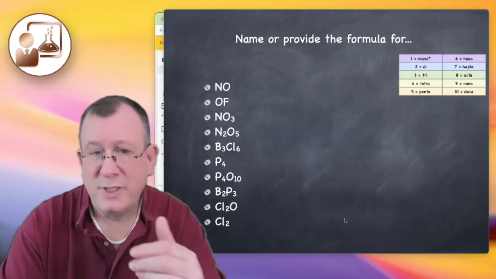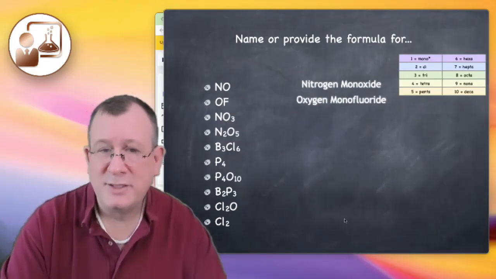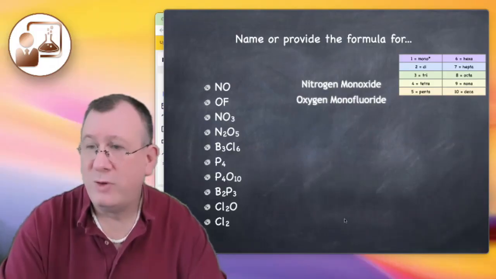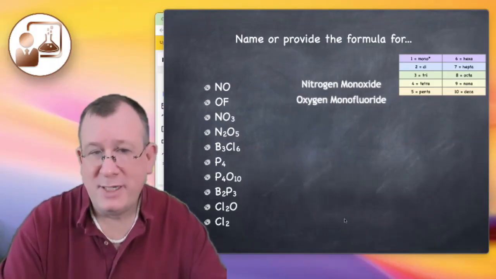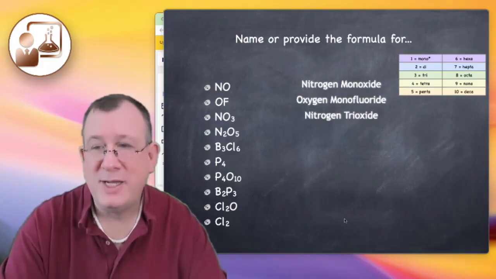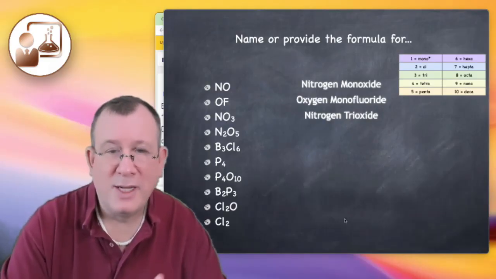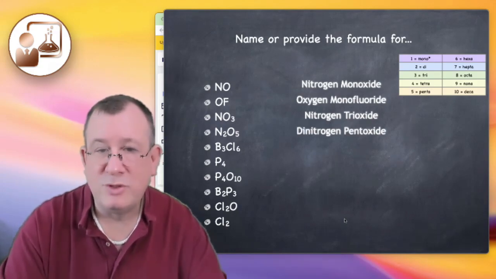So like the first one here, nitrogen monoxide. Oxygen monofluoride, because fluoride starts with an F. Nitrogen trioxide. We don't drop the I when we're working with tri, even if the next one's a vowel. N2O5, dinitrogen pentoxide. We do drop the vowel there. It's not pentaoxide, it's just pentoxide.